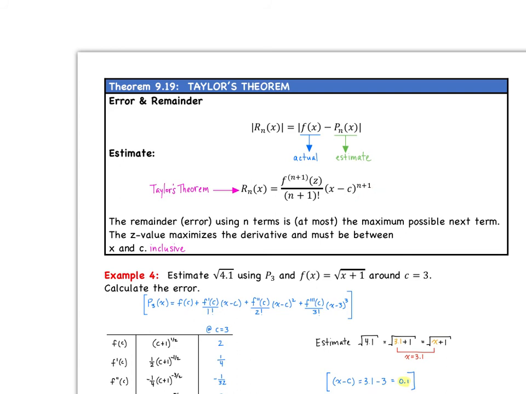So the remainder, or the error, using n terms is at most the maximum possible next term. The z value maximizes the derivative and must be between x and c inclusive. Again, we'll talk more about this in the next video. We're first going to just talk about the error in this example.